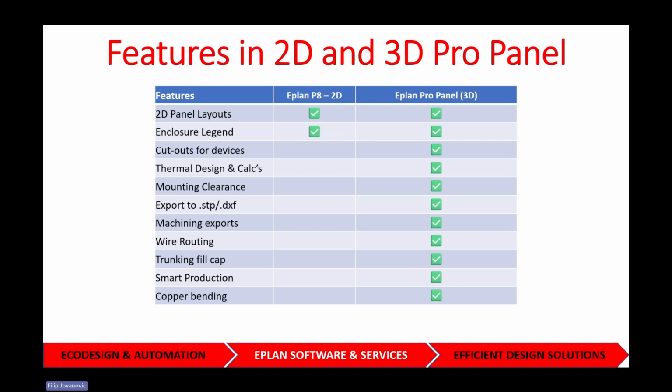What I mean by that is, once you've done your 3D panel layouts, you can export this to a Perforex machine and then have the machine do all the drilling and tapping on the gear tray for you. And if you don't want to use a Perforex machine, you can export it as a DXF or SDP and use some other machine instead.